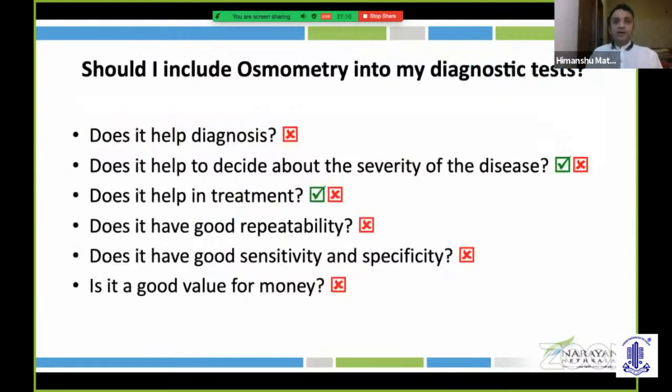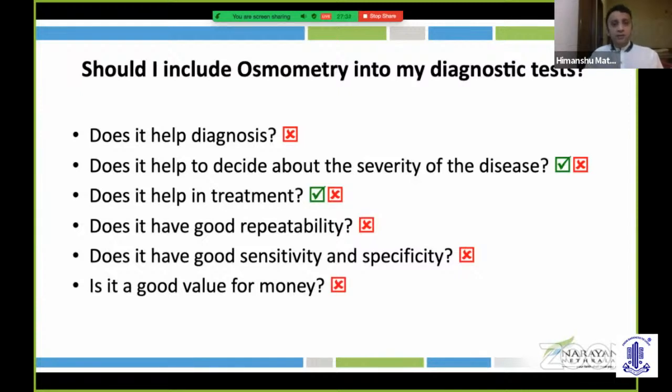So overall, if I look at the test, these are the questions I ask myself. Does it help me in diagnosis? This certainly does not. Does it help me to decide about the severity of disease? Well, can't say that, because we saw that even severe disease can have a normal value. Does it help in treatment? Not exactly, even though it tells me that a higher osmolarity is severe dry eye.